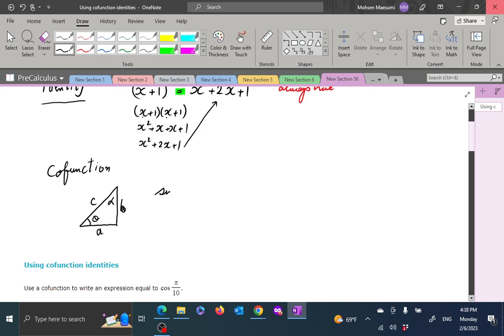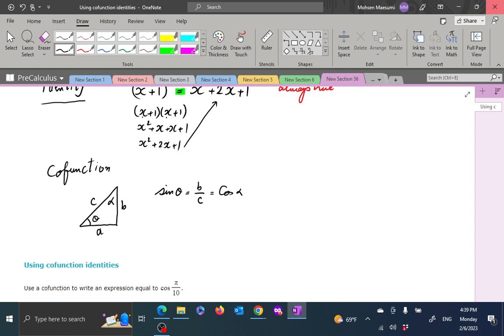Suppose I go ahead and look at sine of the angle theta. Well, what is that? Sine is the ratio of opposite to the hypotenuse. Well, what is cosine of alpha?